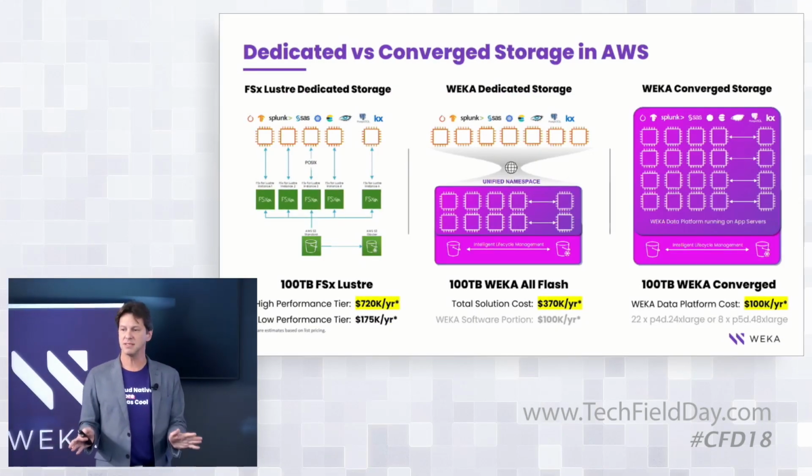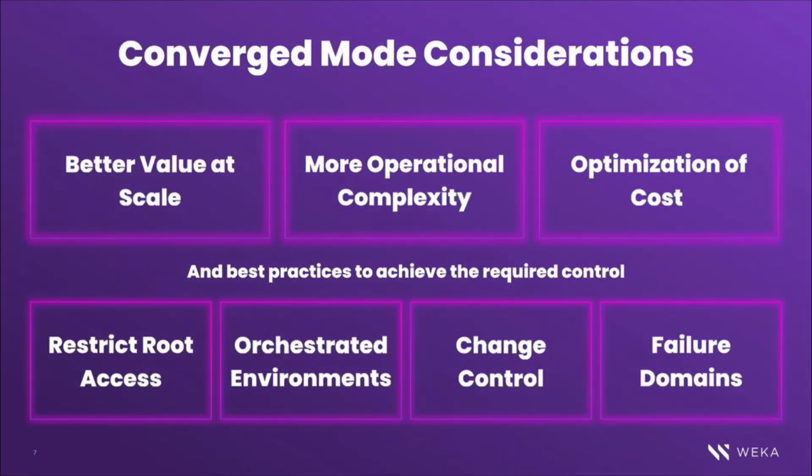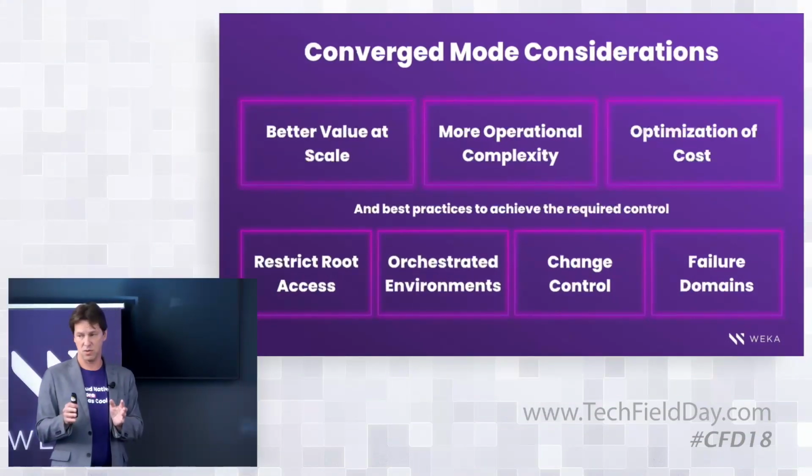Okay, is this type of deployment good for every place, every workload? I mentioned this a little bit before. You want massive instances, okay? We have very good cost optimization and better value at scale, but what you need to consider is that you have a little bit more complexity, right?